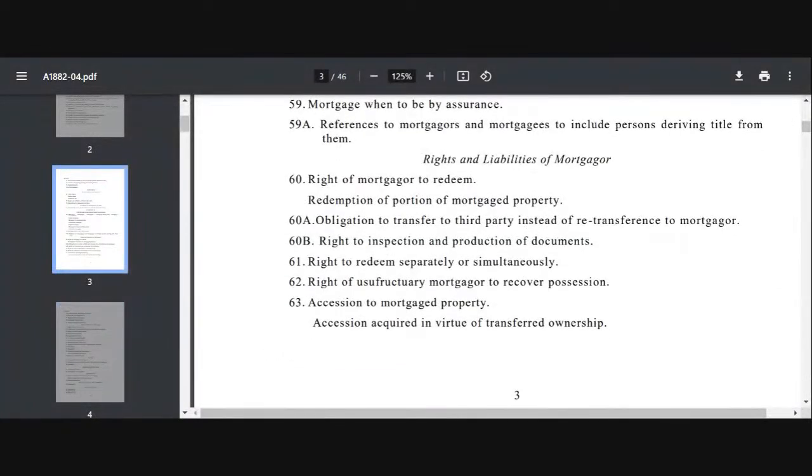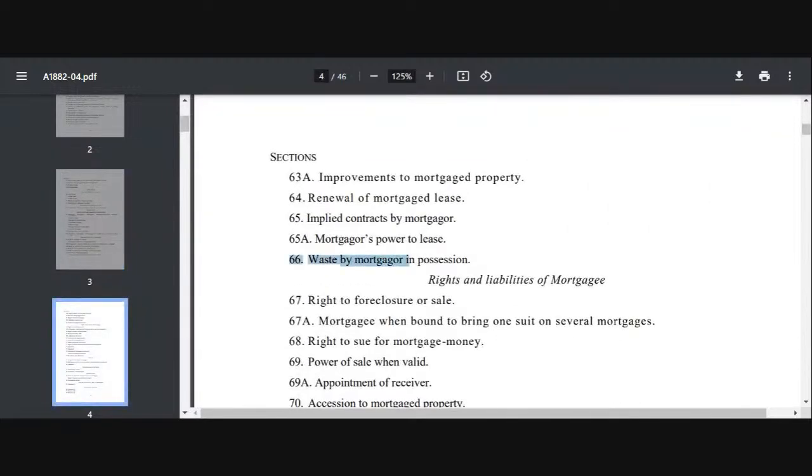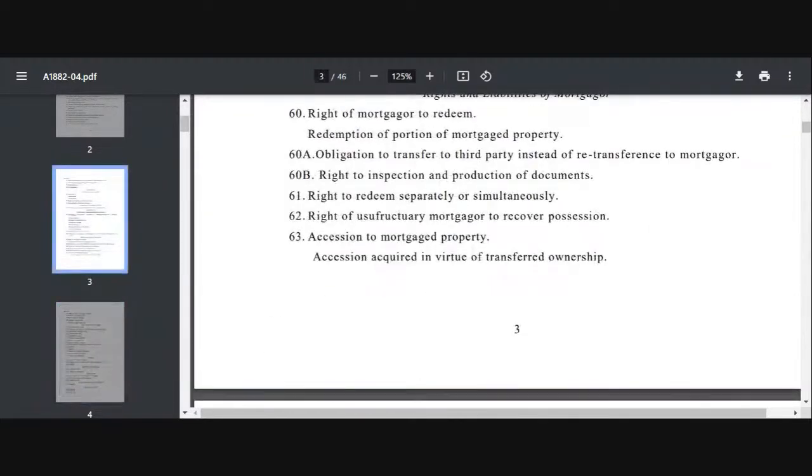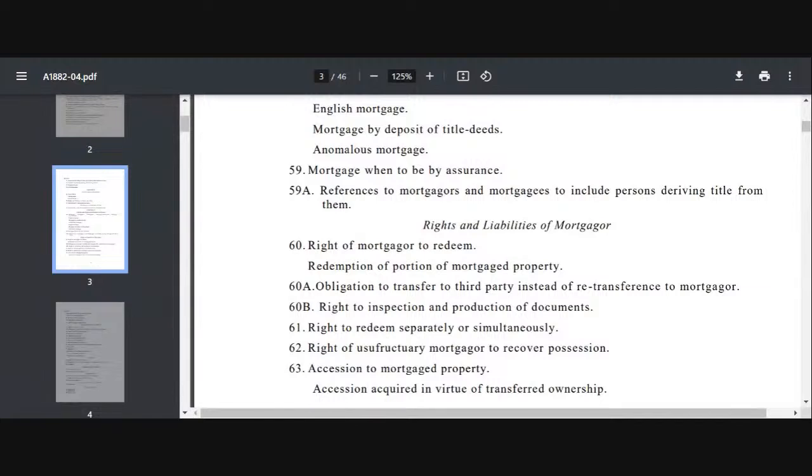if I show you, rights and liabilities of mortgager starts from section 60 and ends at section 66. All this deals with rights and liabilities of mortgager, ठीक है. यहाँ राइट्स एंड लाइबिलिटीज ऑफ मॉर्गेजर प्रॉपरली दिया है फ्रॉम सेक्शन 60 till section 66.